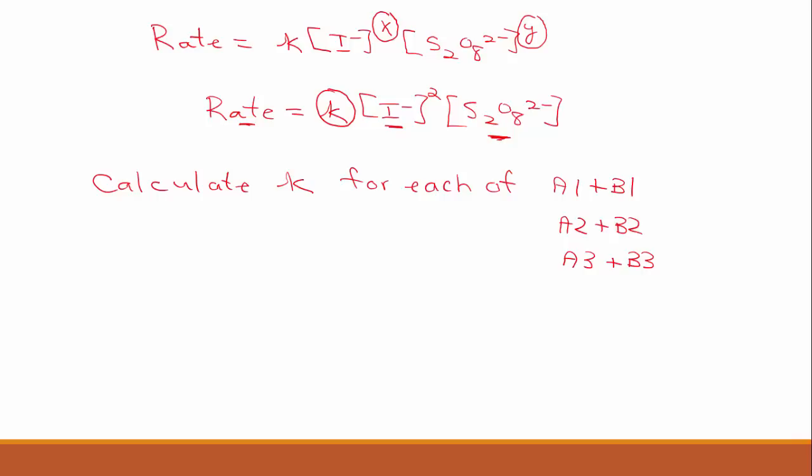The other thing you need to do is, since you ran this reaction at a series of different temperatures, you also want to calculate k, the rate constant, for each of the 5 or more temperatures that you observed.